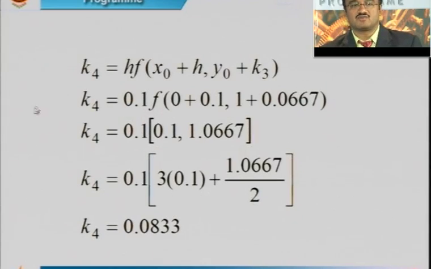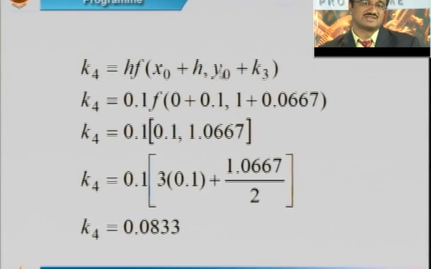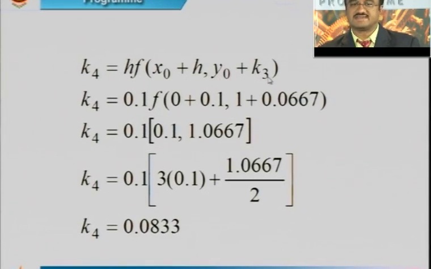Now find out the value of k4. k4 is h times f of x0 plus h comma y0 plus k3. Then k4 is 0.1 times f of 0 plus 0.1 comma 1 plus 0.0667. Now on simplification of these things, we get like that. 0.1 is the h value, keeping as it is.